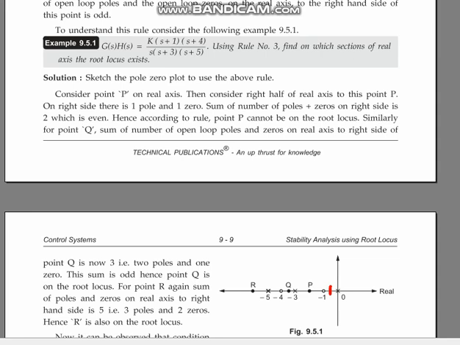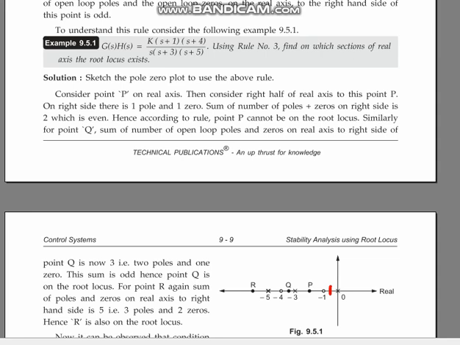Only one, the pole at 0, so it is an odd number. So between 0 and minus 1 I mark one point, and on its right hand side there is only one pole, an odd number. So this branch, between 0 and minus 1, is a root locus branch.